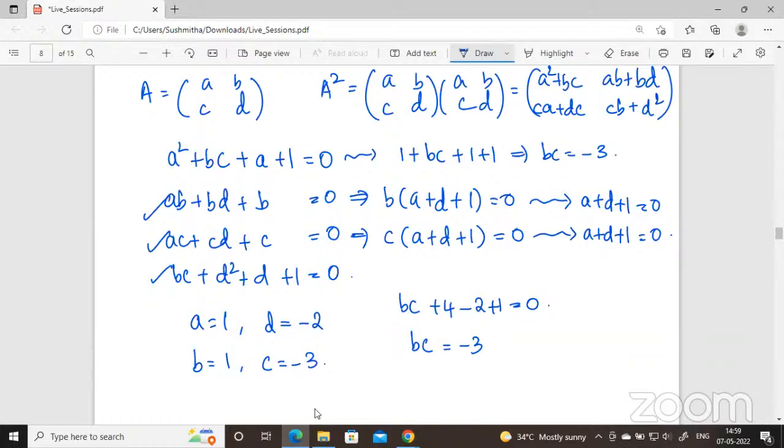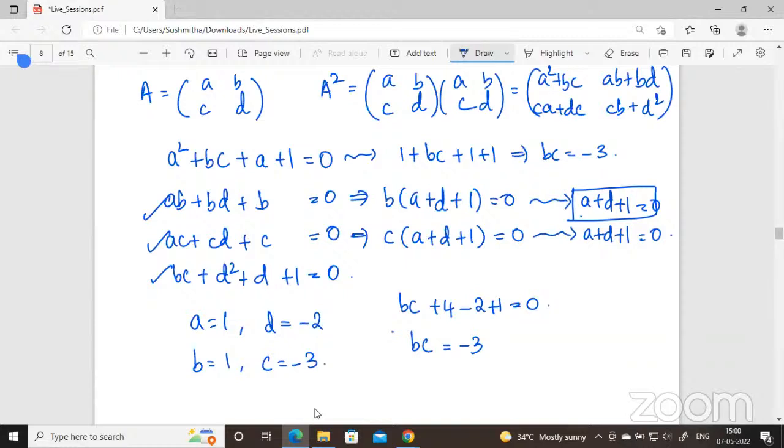Yes, ma'am. Ma'am, actually in the second equation, if we put b to be 1, it's satisfied. We chose it in such a way that everything is satisfied.